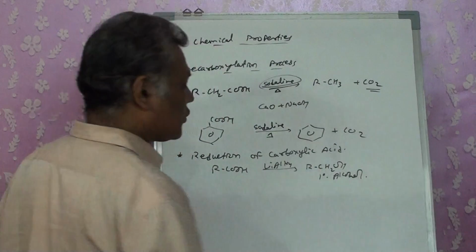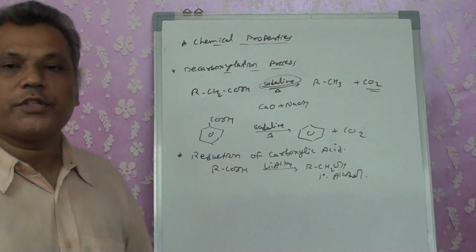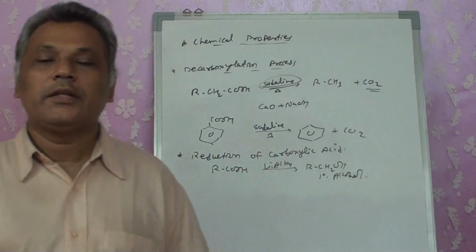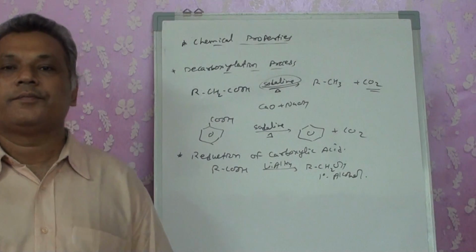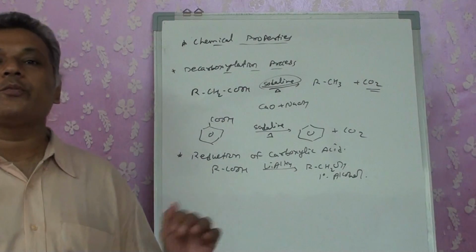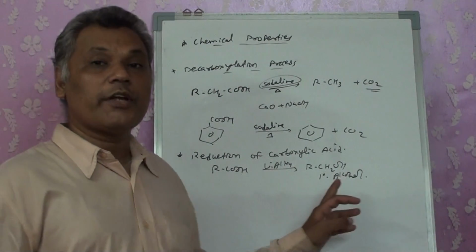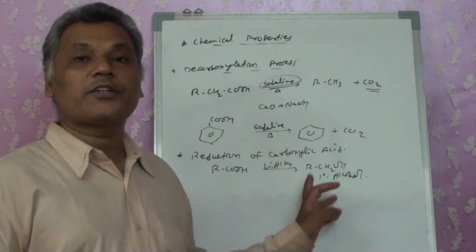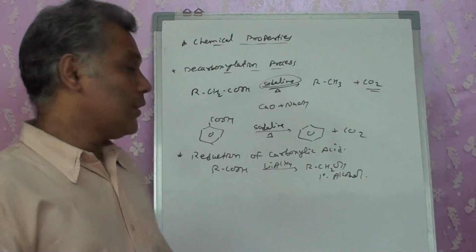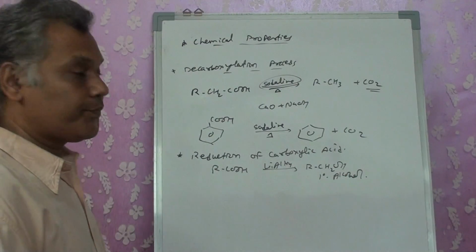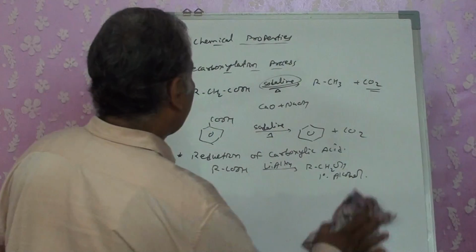Acid on reduction always produces primary alcohol. They can't produce secondary or tertiary alcohol. Acid on reduction always produces primary alcohols. Okay.